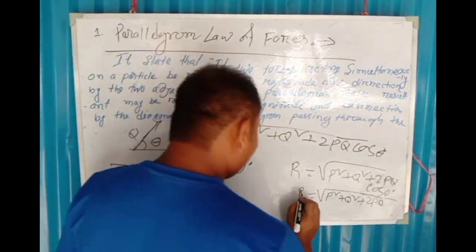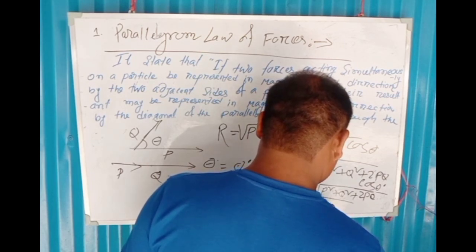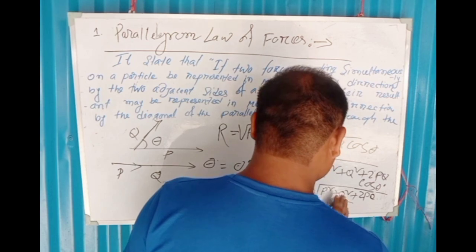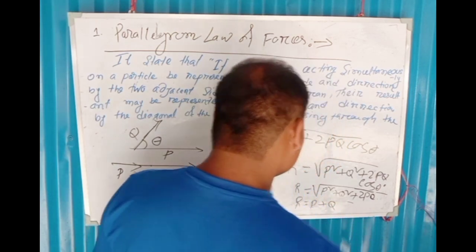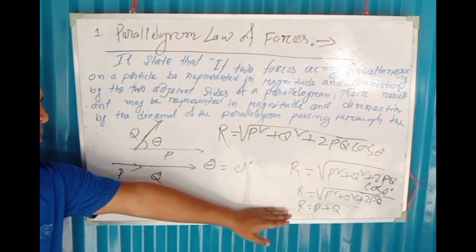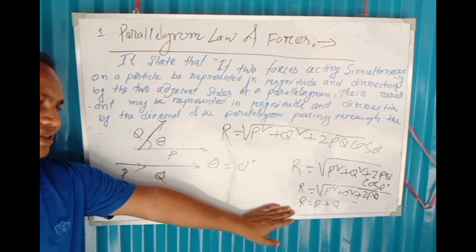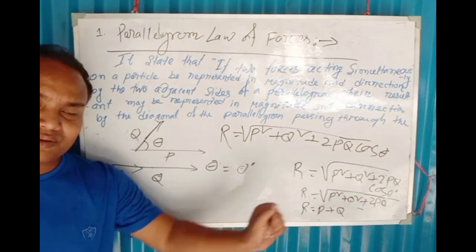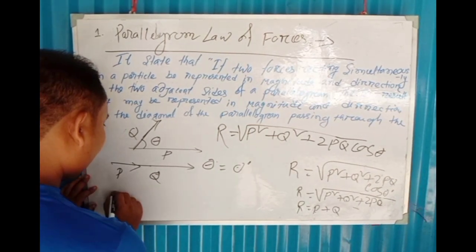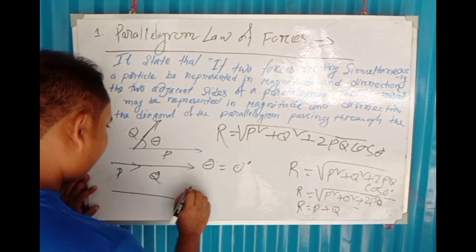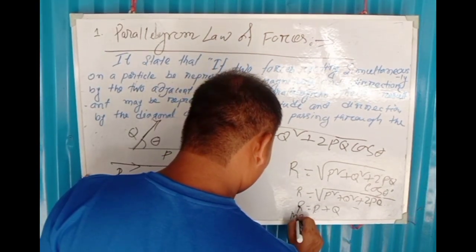So we can find out R equals P plus Q. This is the value of R, the summation of P and Q. So at this condition R will be maximum.